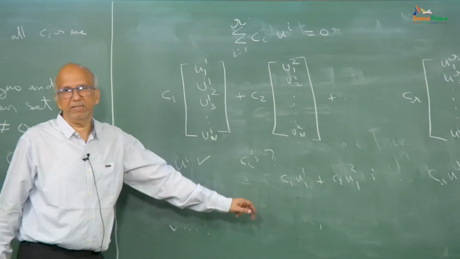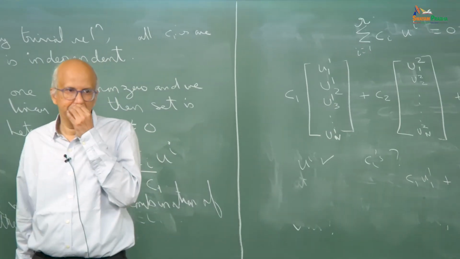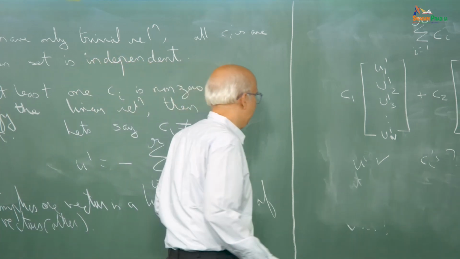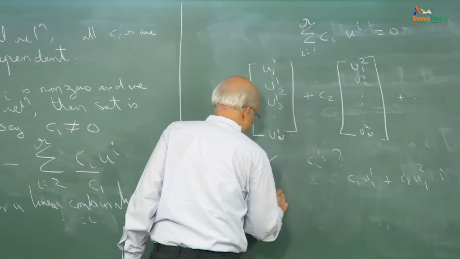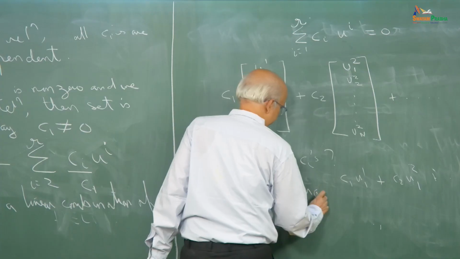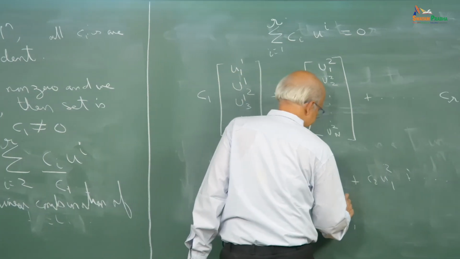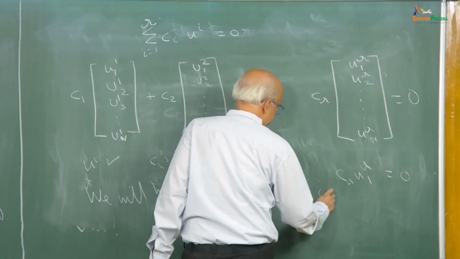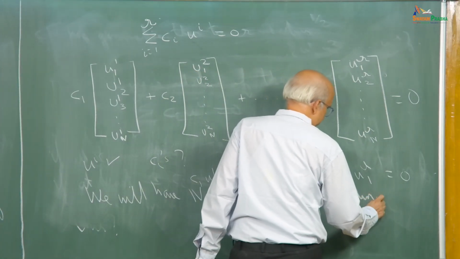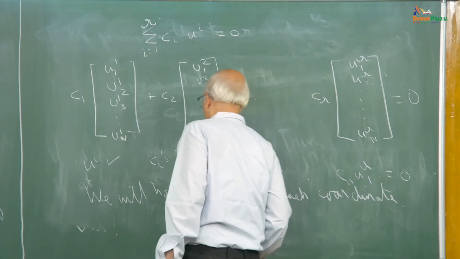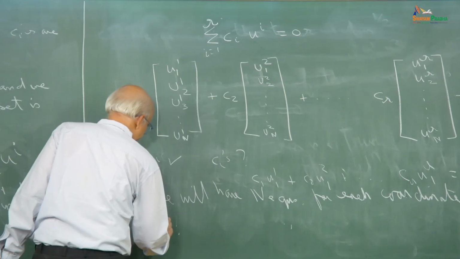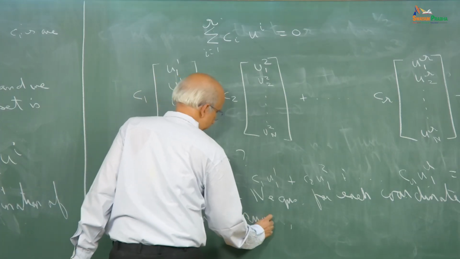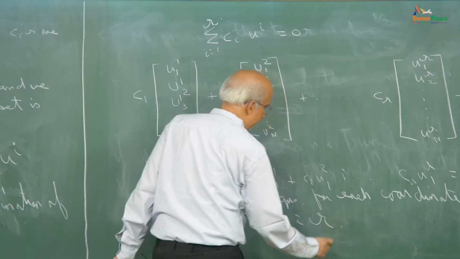So, how many such equations will I have? I will have capital N equations, one for each coordinate. And what are the unknowns? The number of unknowns is r.